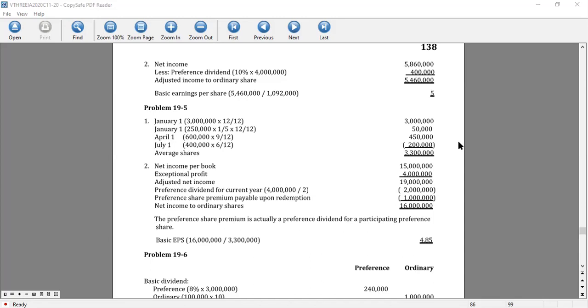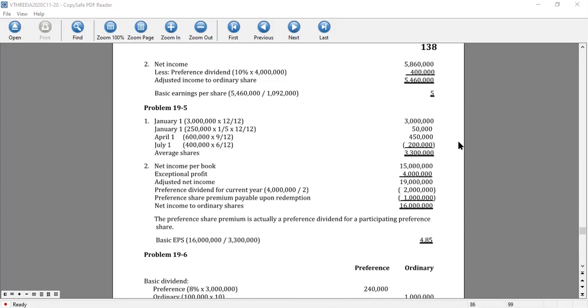So, for ordinary shares, in January 1, we have 3,000 ordinary shares. So, we multiply it by 12 over 12, January 1 to December 31. So, we have 3,000. Then, still in January 1, 250,000 shares, 1 peso paid to date.